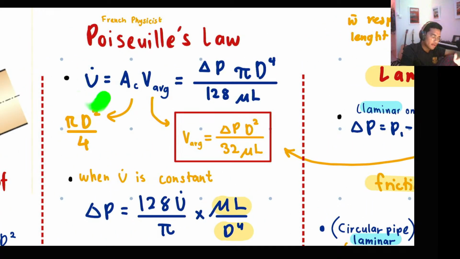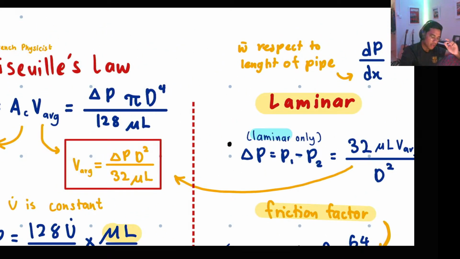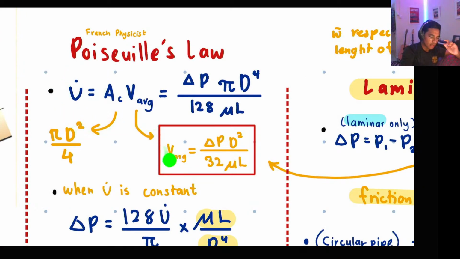From the laminar formula, we will use it in finding the flow rate. V dot is flow rate, V average is velocity. You guys cannot mix that up. So this is Poiseuille's law, from a French physicist who used the laminar formula to find the flow rate.